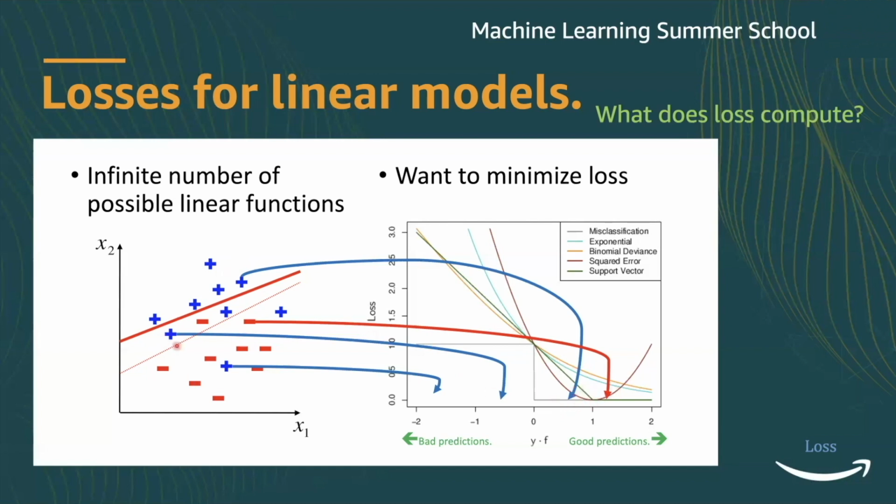But take the case of these two blue points that lie below the decision boundary. Their true label is +1, but their prediction is negative because they are on the same side as the red points, which means the product of y times the score is going to be negative, and they're paying a penalty of +1.